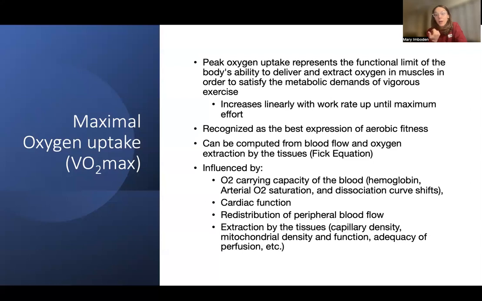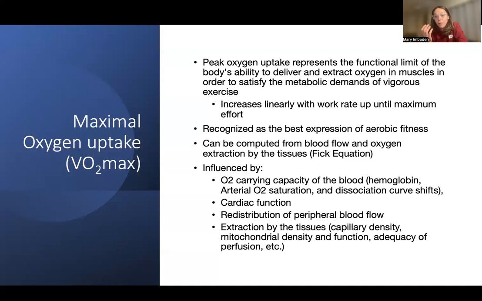It's also influenced by our cardiac function. We talked in the last lecture about cardiac dysfunction and how, if we have a decrease in our strength of contraction, we're going to have a decrease in our stroke volume and therefore a decline in VO2 max.